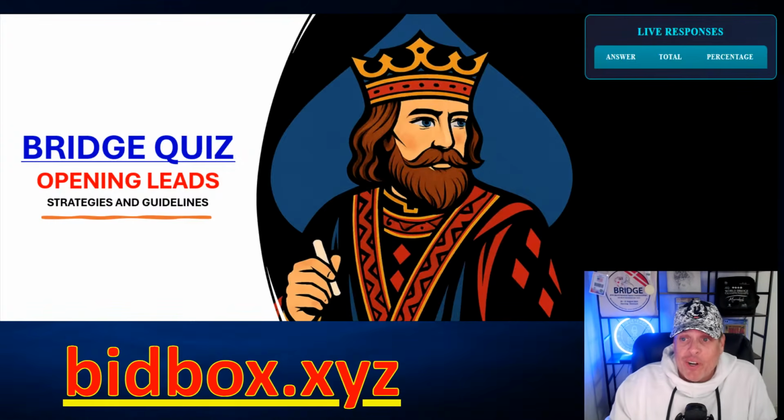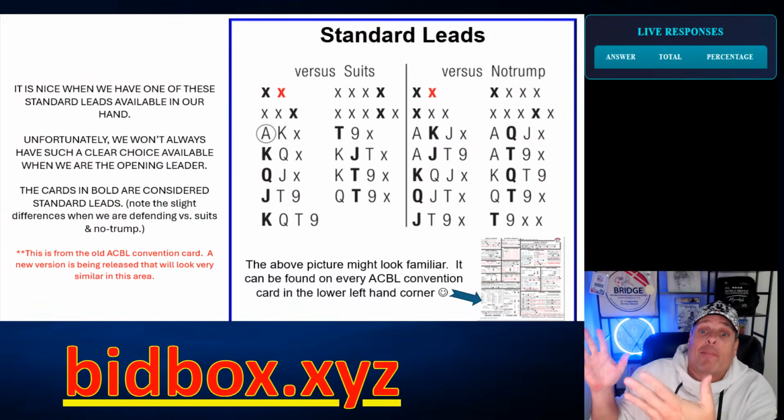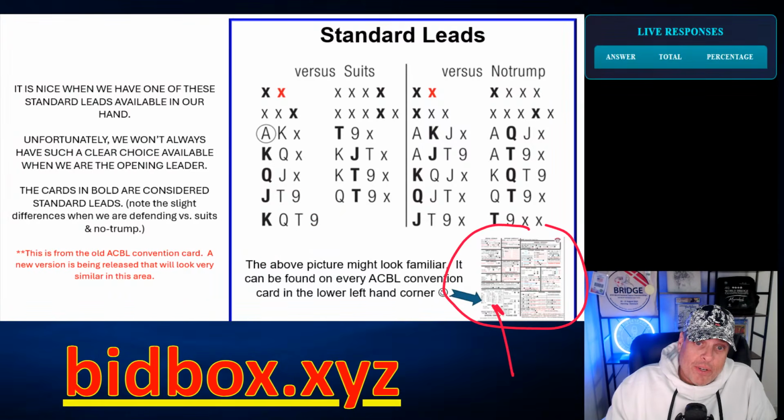So let's get started. Today we're going to cover the non-obvious leads. But before we do that, I want to start with the obvious leads. What you're looking at, especially for those of you that play any ACBL tournaments or duplicate games, is the bottom left-hand side of a convention card.